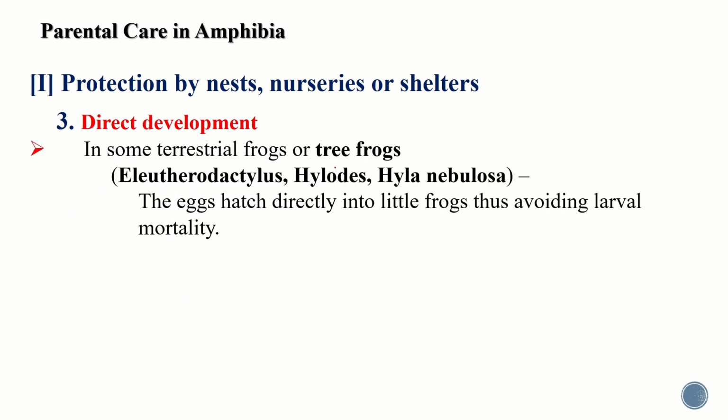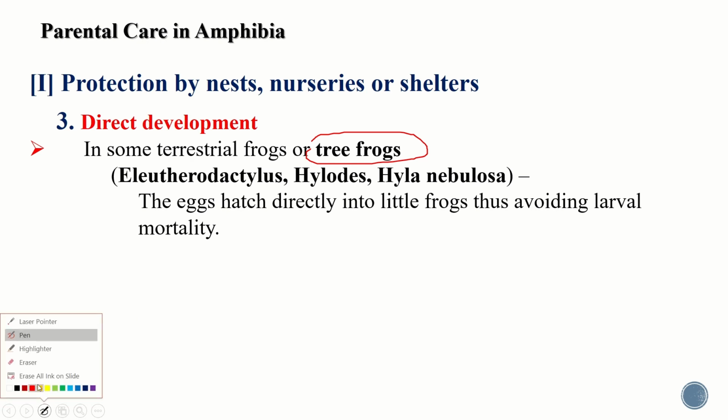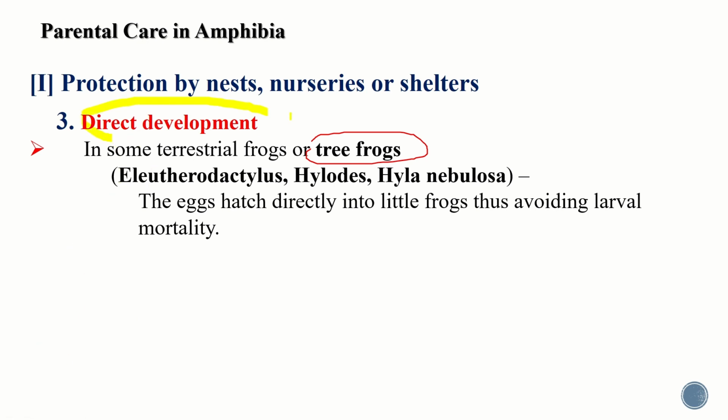The third step is direct development. Direct development is found in some terrestrial frogs or tree frogs, where the small ones develop directly, like Eleutherodactylus hyloides or Hyla nebulosa.